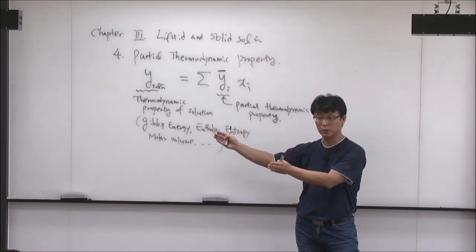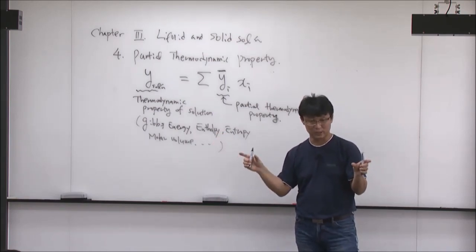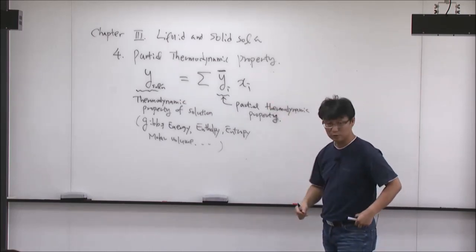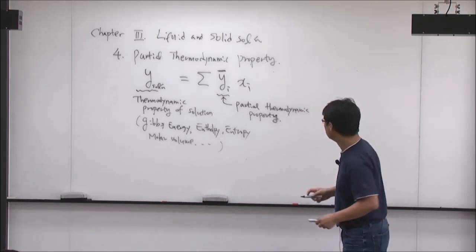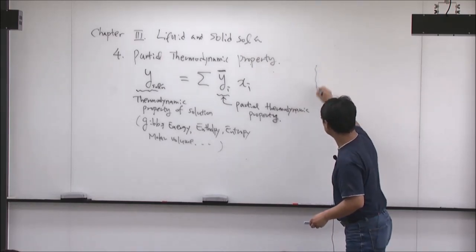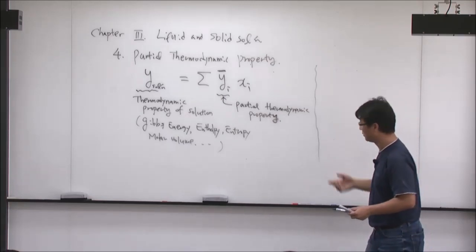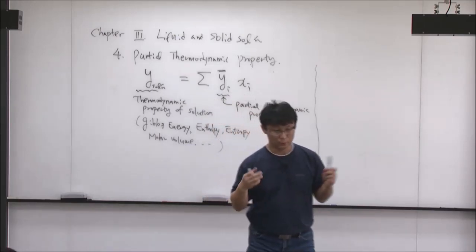Okay? That's what we call the Gibbs-Duhem relationship. Okay? So we want to derive this Gibbs-Duhem relationship. That's the reason we are introducing this partial thermodynamic property. Okay? So one of the easiest ones we can think about for the partial thermodynamic property is the molar volume of the solution.